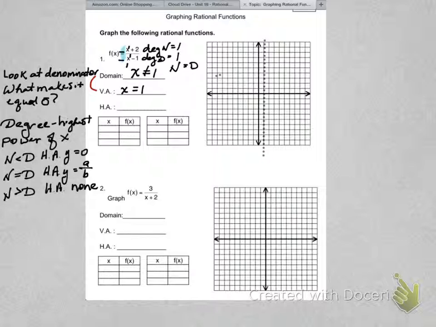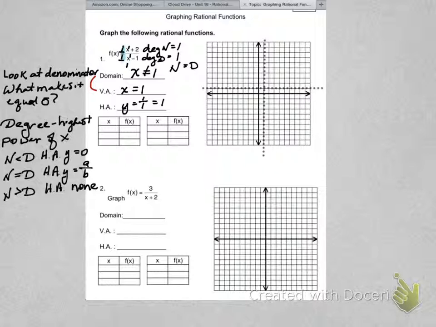In this case, there are no numbers there, so they must both be 1. So my horizontal asymptote is at y equals 1 over 1, which is 1. So we're going to draw that in at y equals 1.